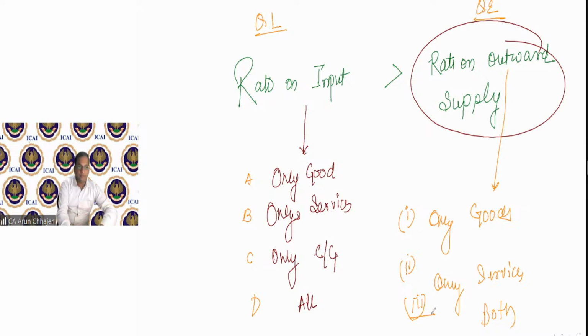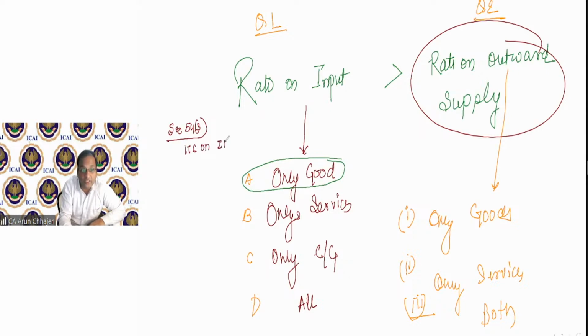So clear? Answer to the question number 1 is only goods. Therefore, when you go for the refund of section 54 subsection 3, refund of ITC on account of inverted duty structure.